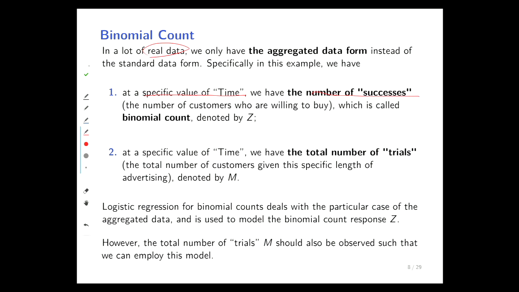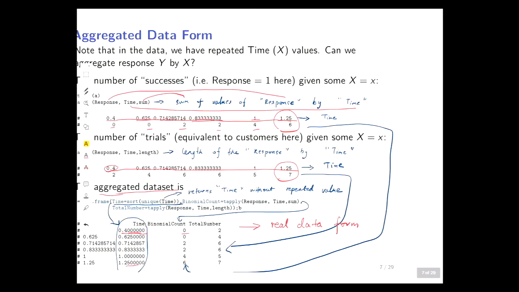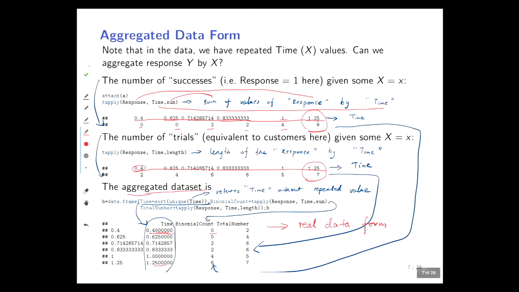We call it binomial count, and we denote it by Z. And also we have the total number of trials. That is the total number of customers given the specific length of the advertising, and we denote it by M. So we have the binomial count Z, the total number M, and also the explanatory variable time.